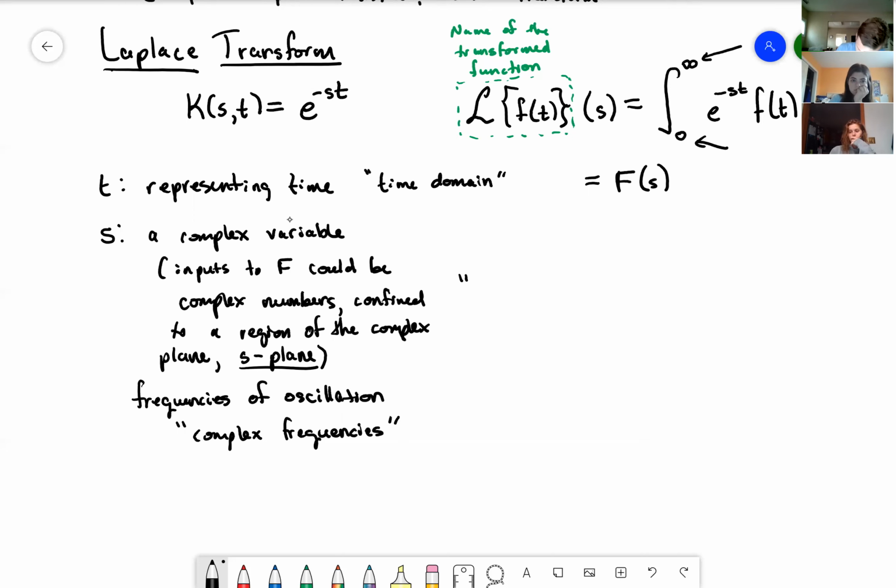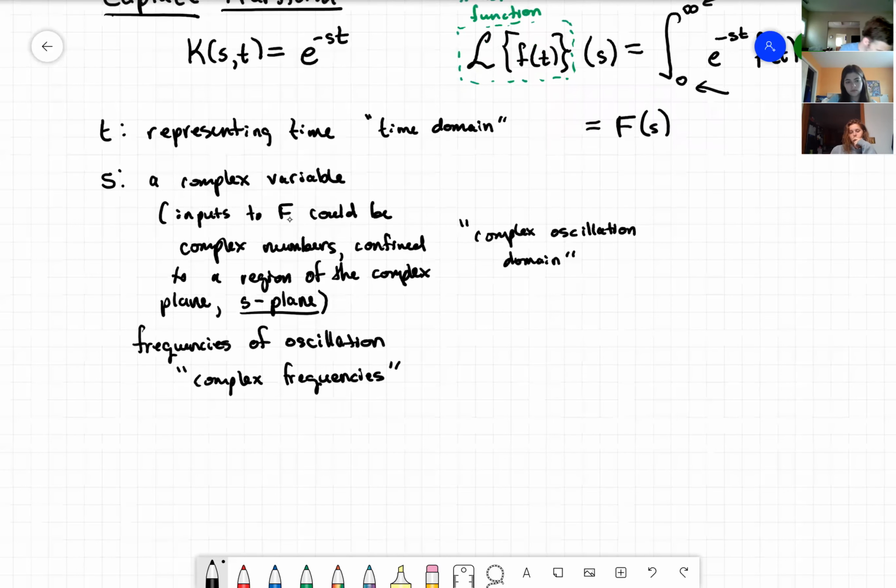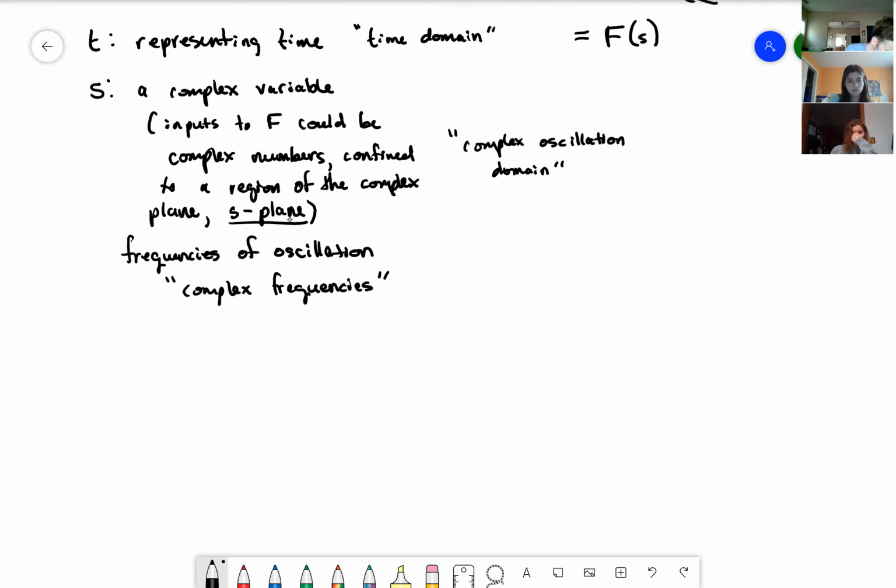So this is called the complex oscillation domain. And when we look at things from this point of view, oftentimes the problem will become a lot simpler. It will change form, and we'll actually look at how that works. Like I said, this is just roughly speaking, but this is the basic idea.